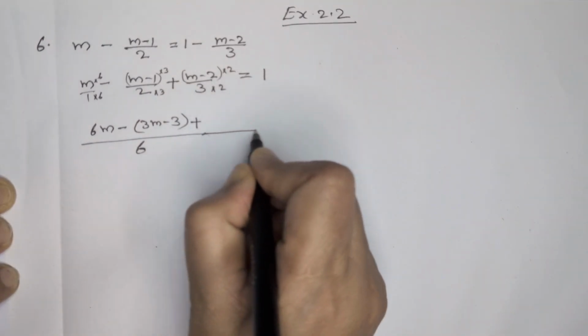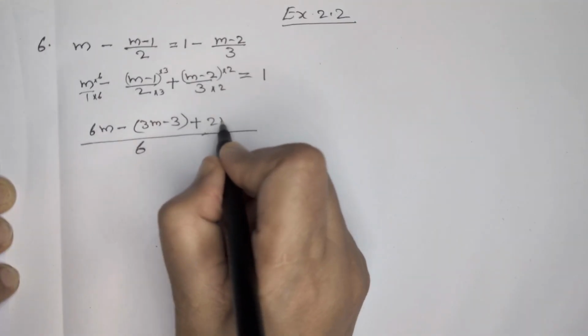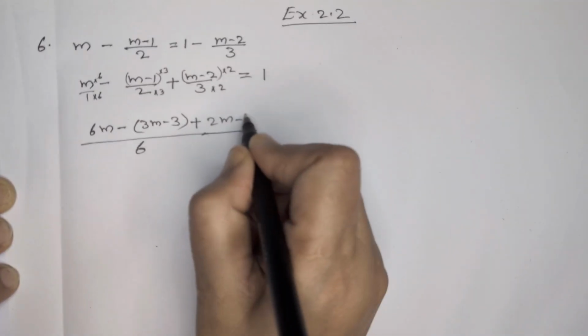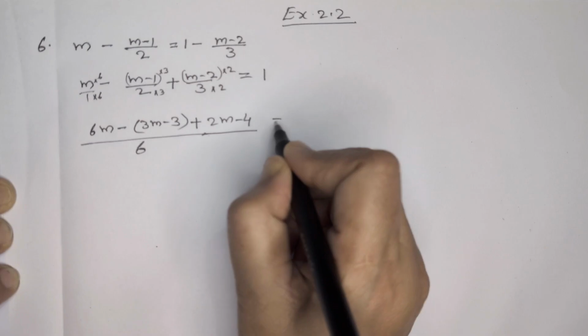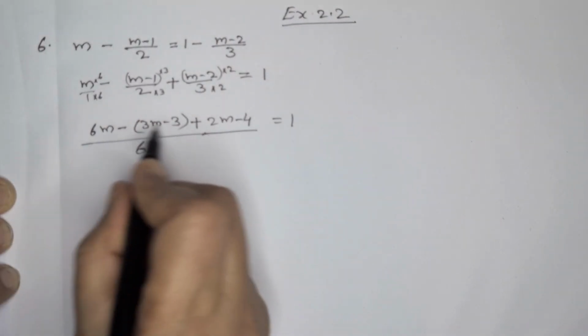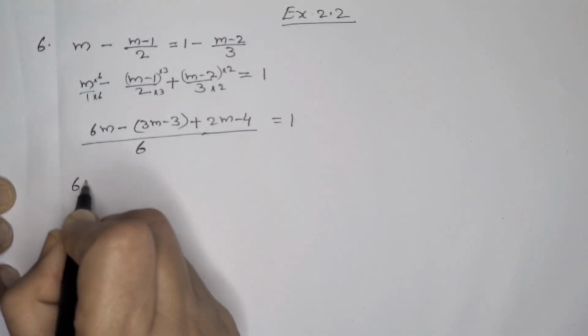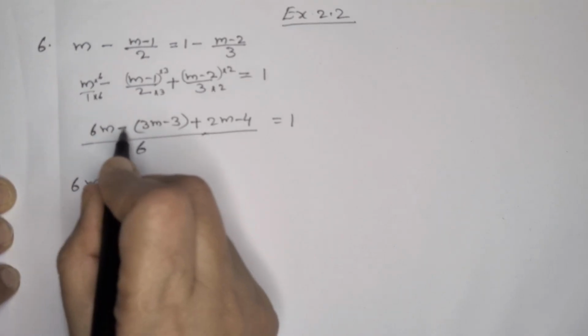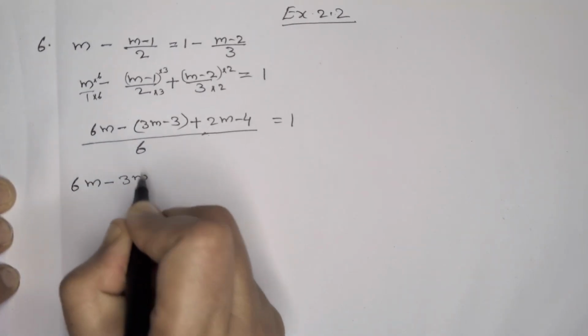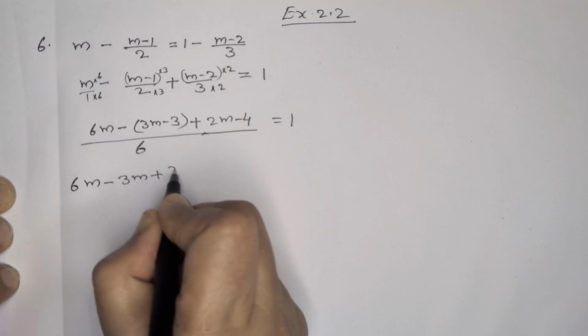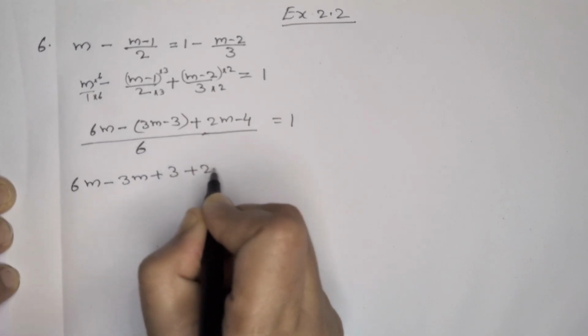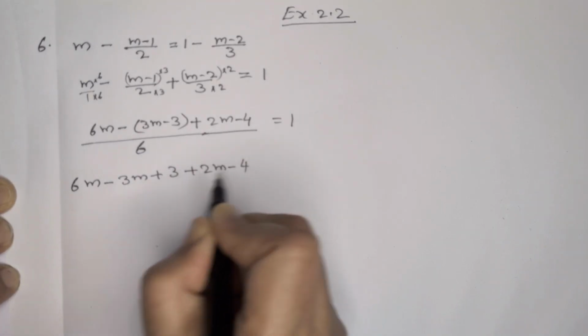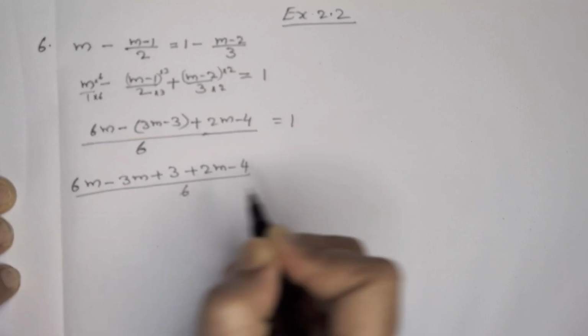So that will become 2 into m, 2m, 2 into minus 2, minus 4, that is equal to 1. When you are opening this bracket, 6m minus with minus sign. So minus 3m, then minus of minus, that will become plus 3, plus 2m minus 4, by 6 is equal to 1.